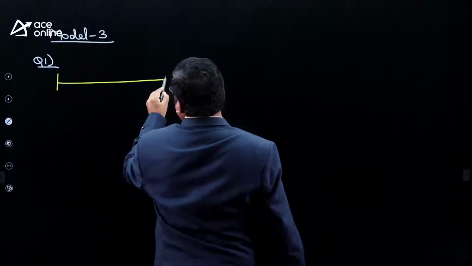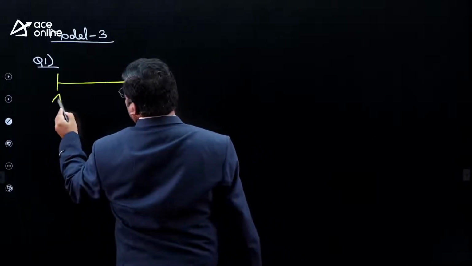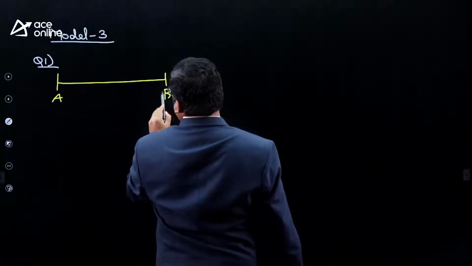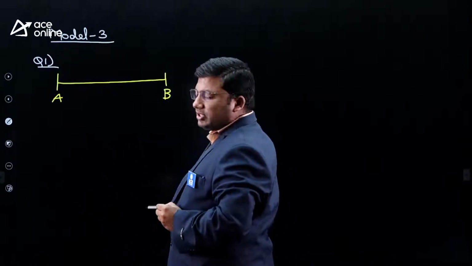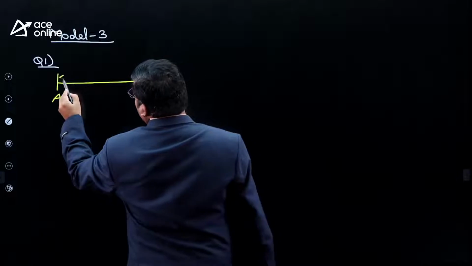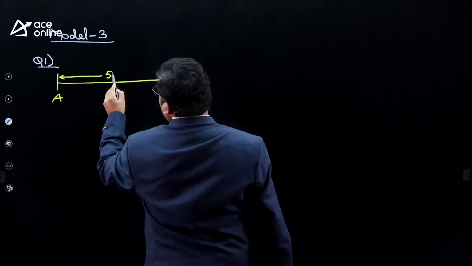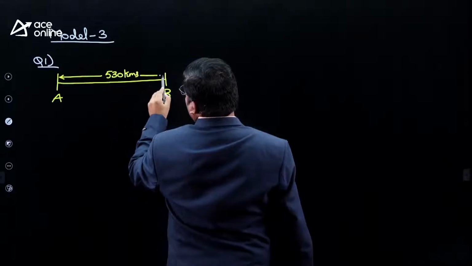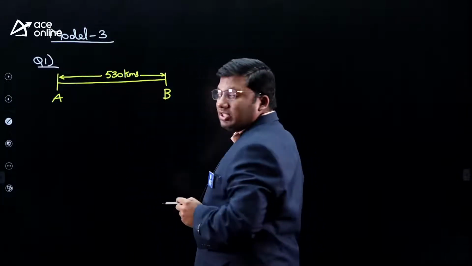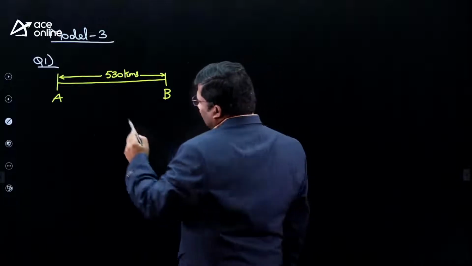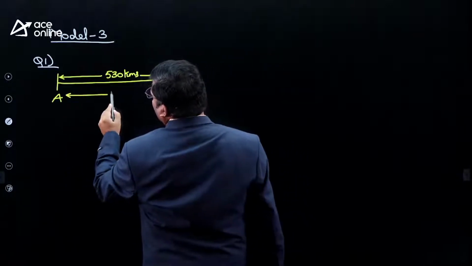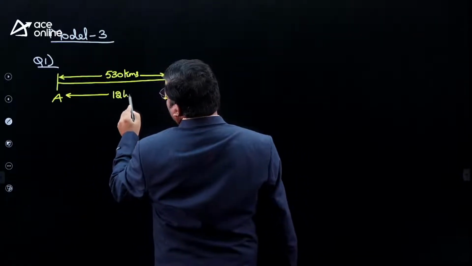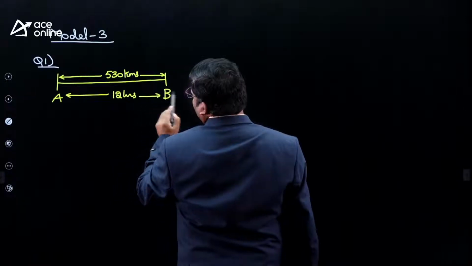There are 2 stations, station A and station B. The distance between A and B is given, which is 530 kilometers. The traveling time from A to B or B to A is also given, 12 hours.